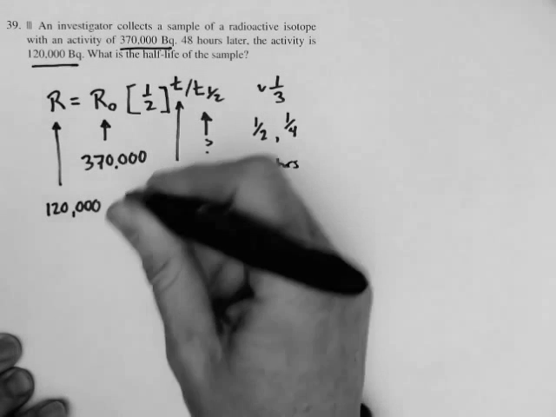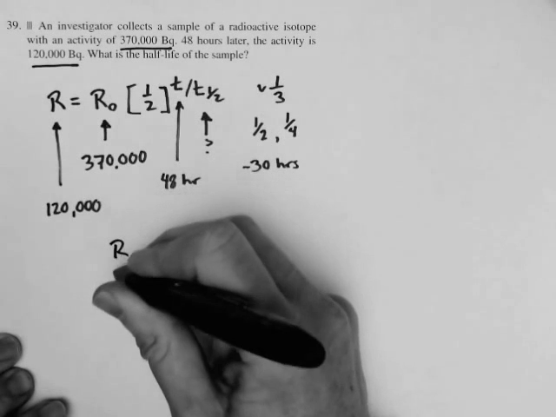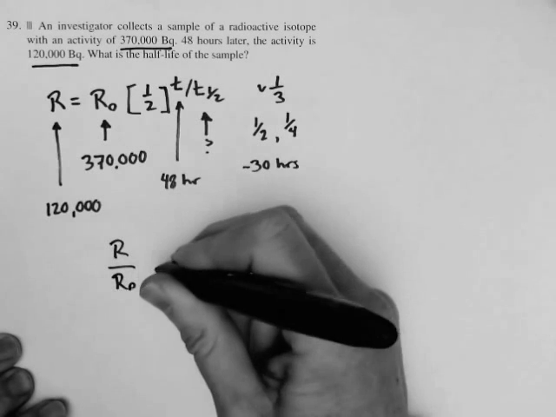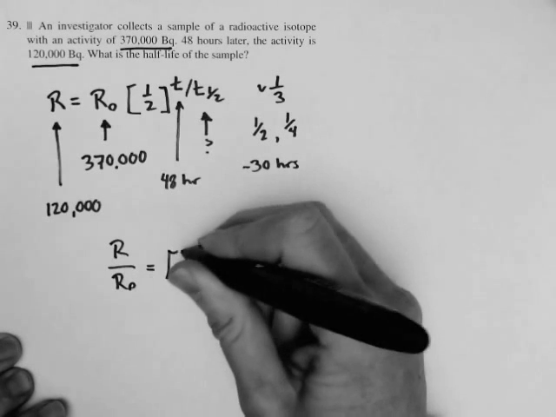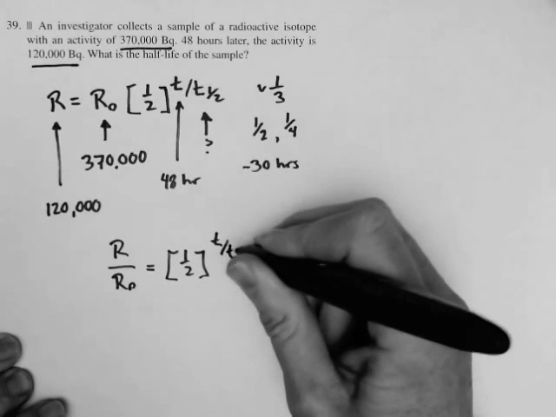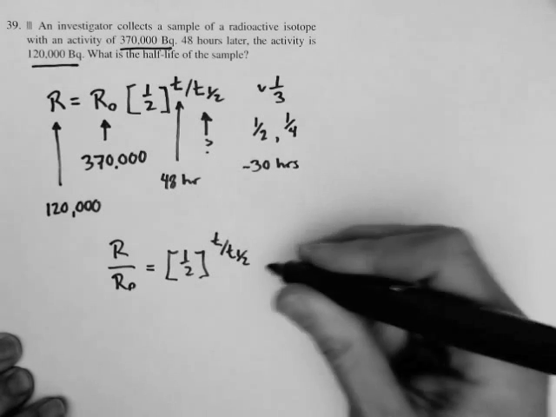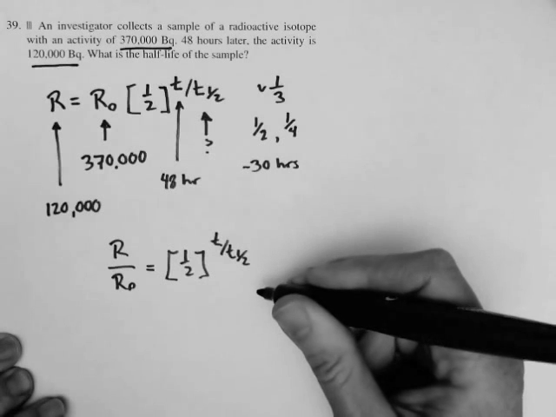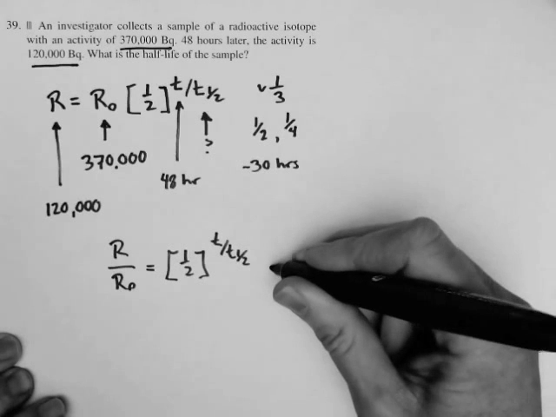And to do the solution, we rearrange our basic equation to look like this. R over R0 is equal to 1/2 to the t over T 1/2. Then I'm going to take the natural logarithm of both sides of the equation, and I end up with the following.